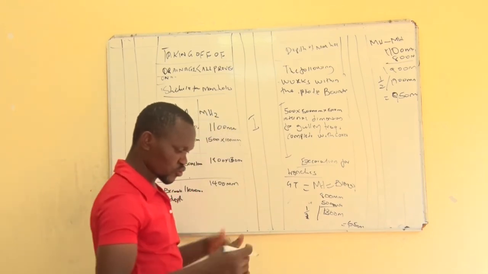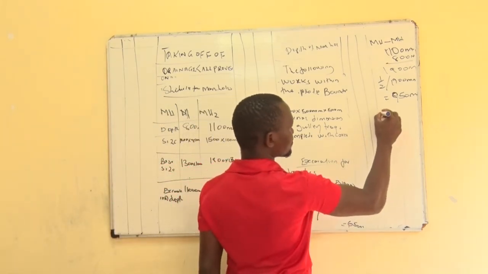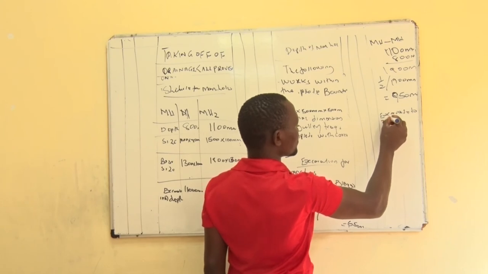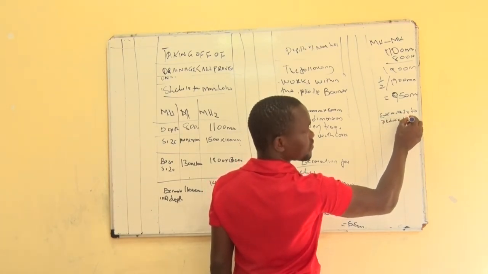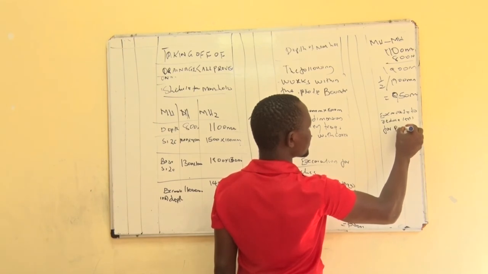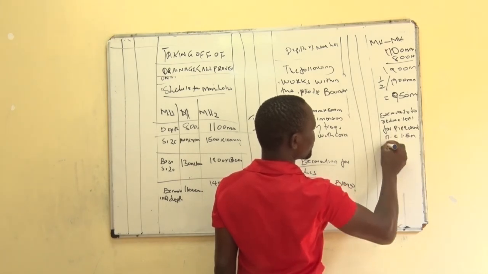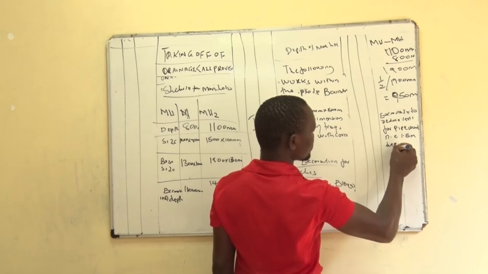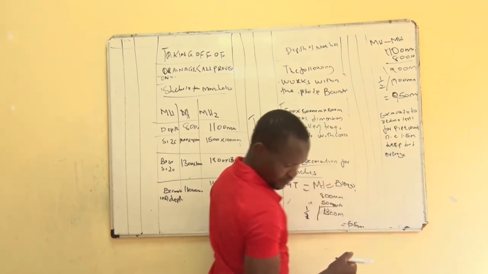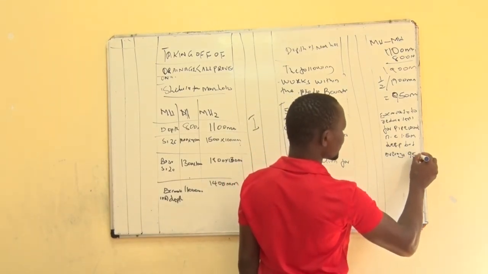So we say manhole 2 is outside the fence boundaries. So on the entry column we say excavate to this level for pipe works not exceeding 1.5 meters deep, but average 950 millimeters.